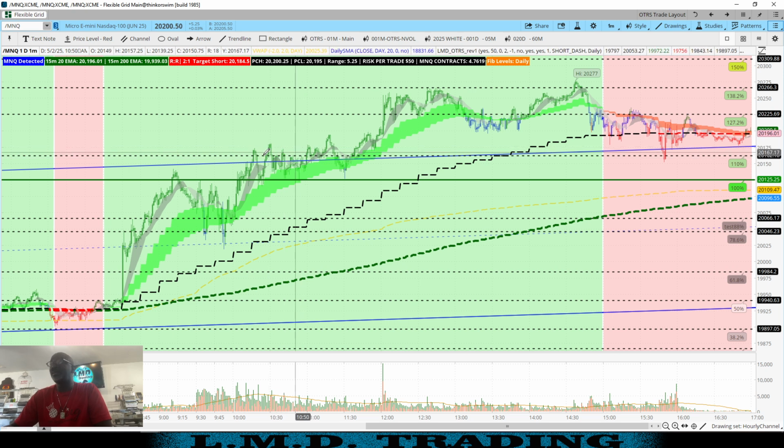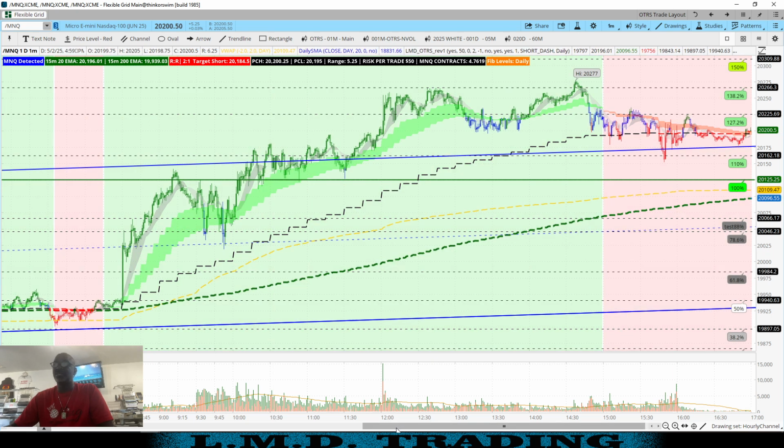I'm good with that. If we come up to the 127% level, look at it catching this pivot. You go up to the 138% level, it's catching that pivot. What this allows me to do is not have to worry about going in and manually putting in my price action lines.